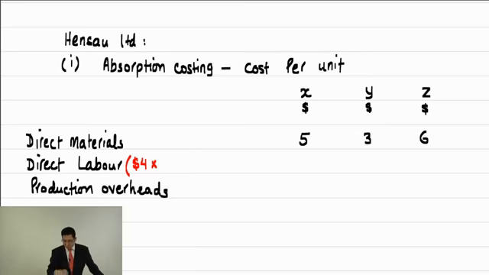For X it will be times by 24 over 60 because there are 60 minutes in an hour. For Y it will be 40 over 60, and for Z it will be 60 over 60.